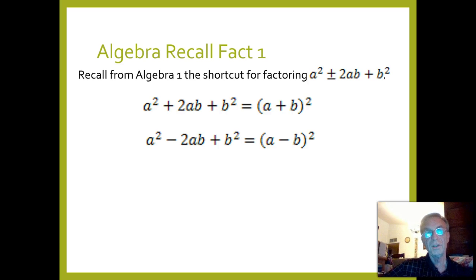So the first one gives you a squared plus 2ab plus b squared is equal to a plus b in parentheses squared. This is the same as a plus b in parentheses times a plus b in parentheses. The second form is a squared minus 2ab plus b squared is equal to a minus b in parentheses squared.